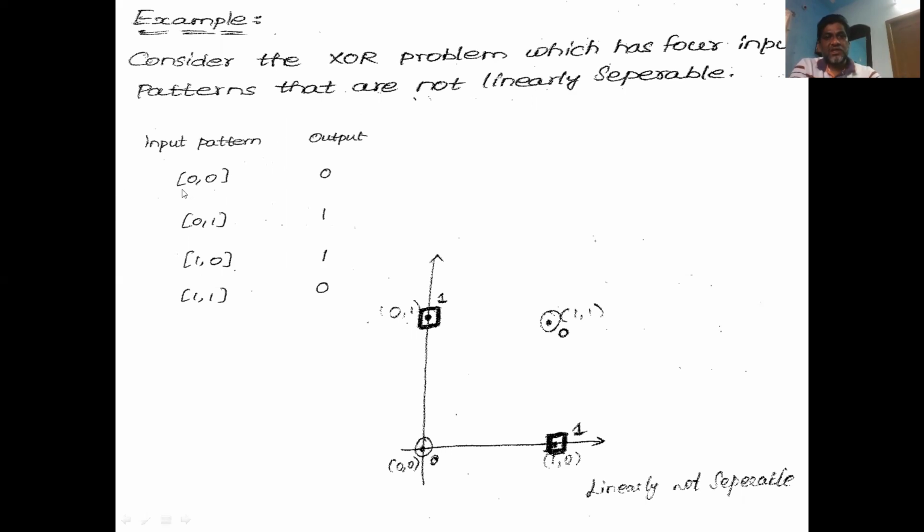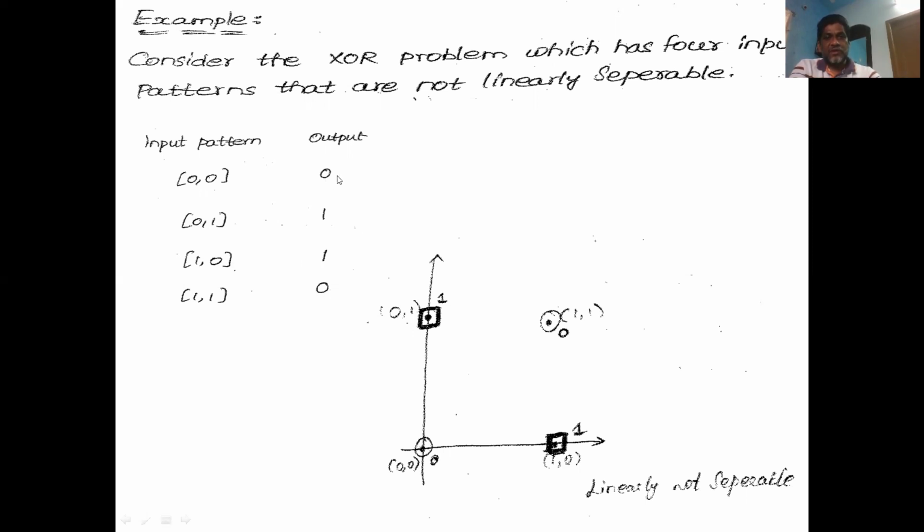So in the XOR definition, if the input pattern is 0 comma 0, then the output will be 0. If the input pattern is 0 comma 1, the output will be 1. If the input pattern is 1 comma 0, then the output will be 1. And if the input pattern is 1 comma 1, then the output will be 0.